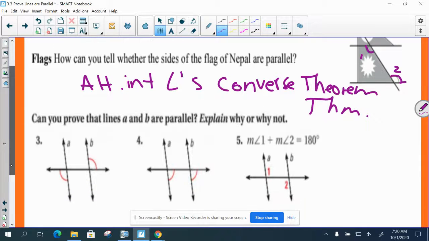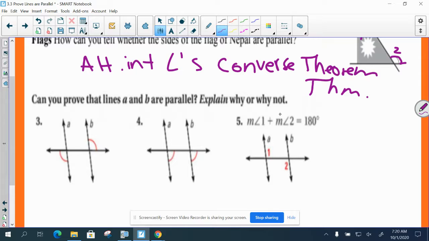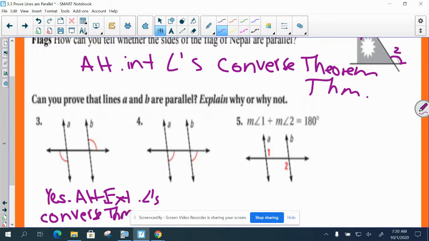So how about these ones? Can you prove that A and B are parallel? Explain why or why not. What do you think? This would be yes, because alternate exterior angles are congruent. So by the alternate exterior angles converse theorem.